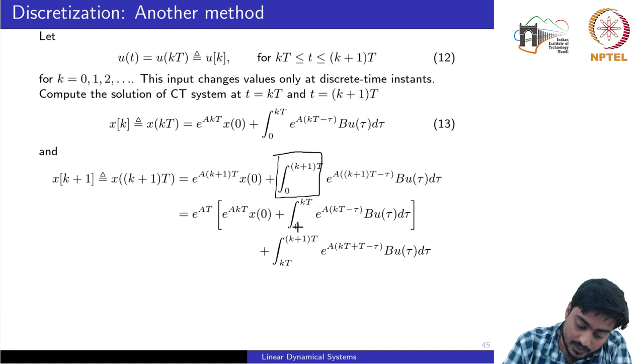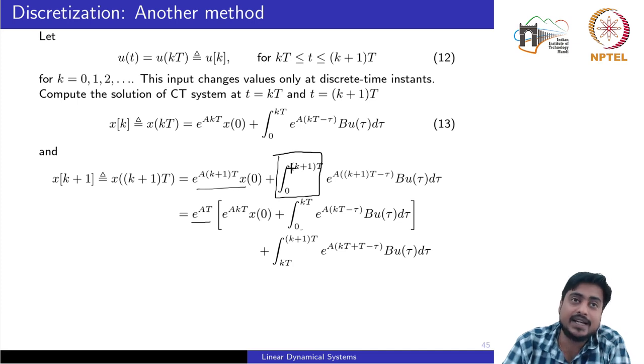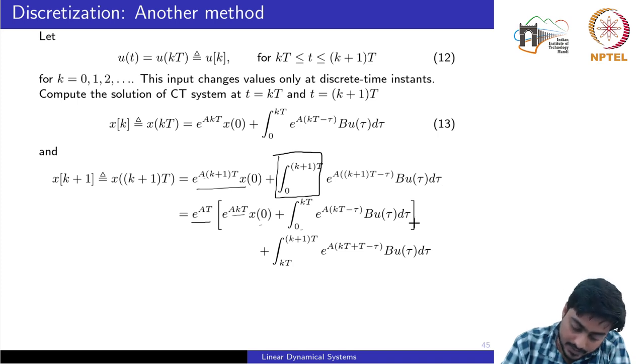Now from the broken integral from 0 to kT, I take this matrix exponential as common, e to the power AkT, because if I take e to the power At common, the only remaining part is this one, into x naught plus this part. This part I can also take outside the integral, since it is a constant for this integral, because this integral I am taking over tau. And the other broken integral from kT to (k plus 1)T remains as it is.